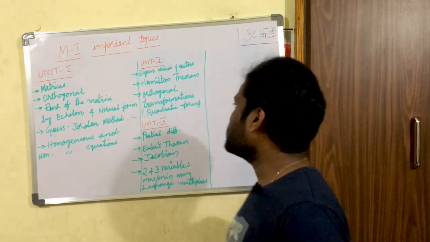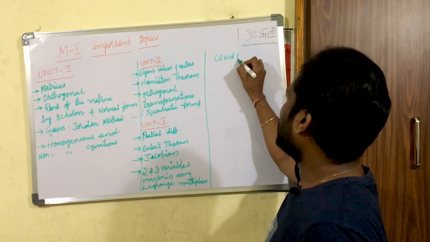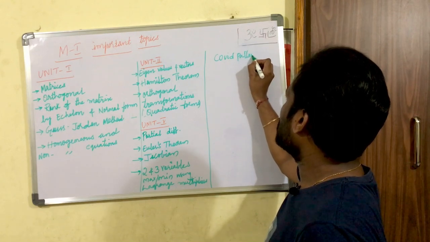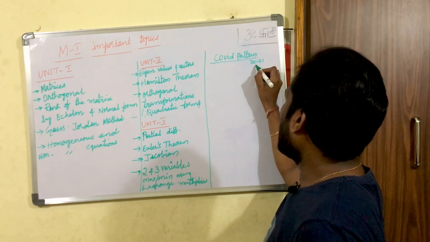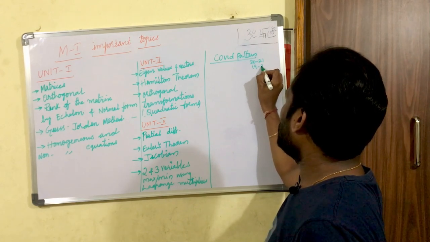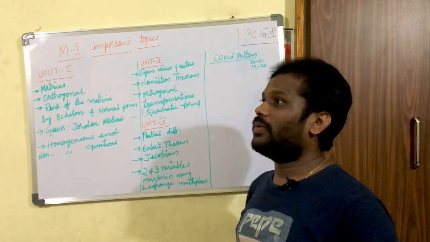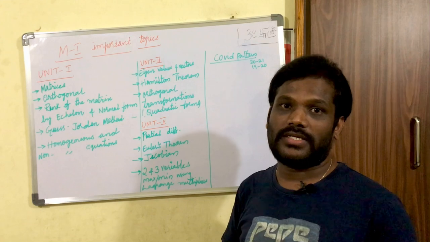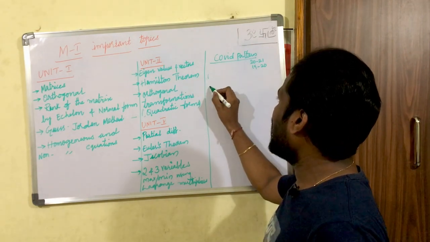Why? Because as per the COVID pattern, we all know that it consists of 8 questions. In 2021 and 2019-20, I would like to let you know the question paper pattern, how many questions each unit gets, and what topics they cover.